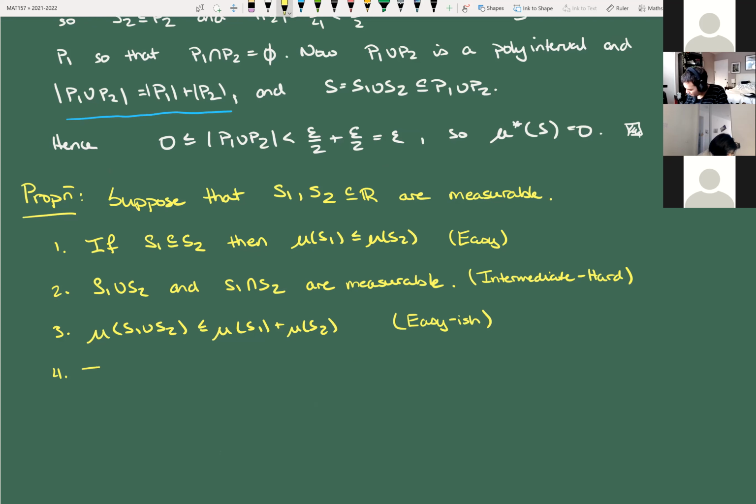3, if A is a real number, and we define S plus A to be X plus A, where X is in S. Okay, so basically you just took the whole set and you moved it left or right by A units.